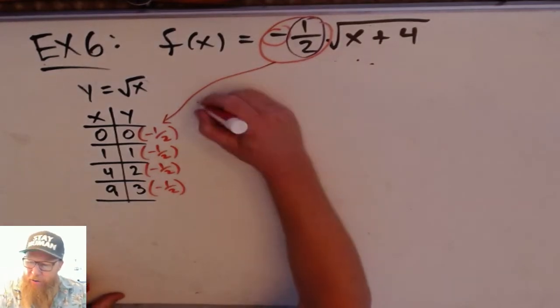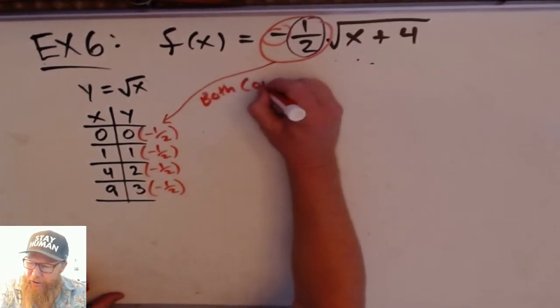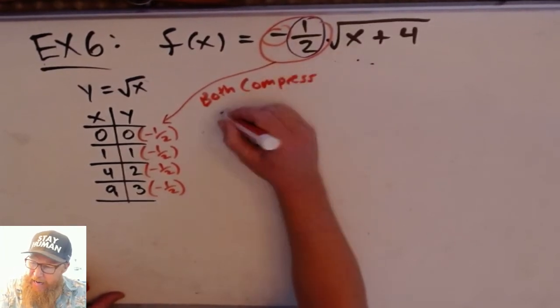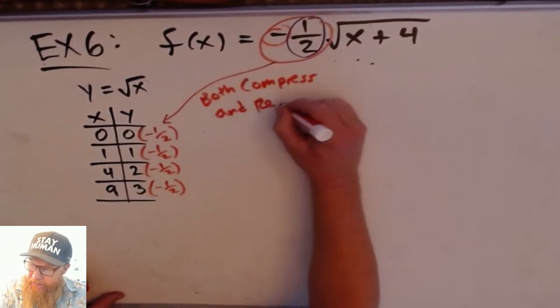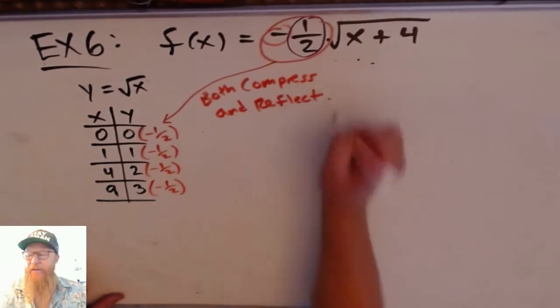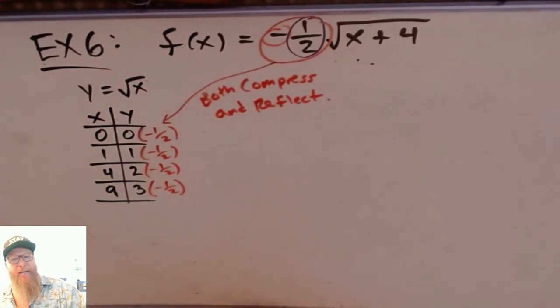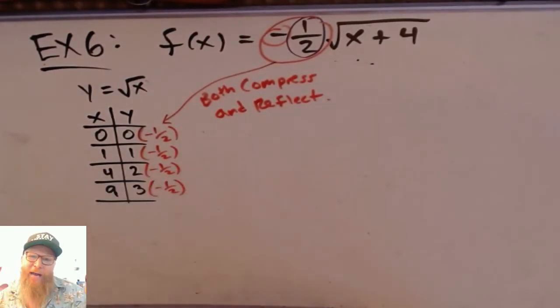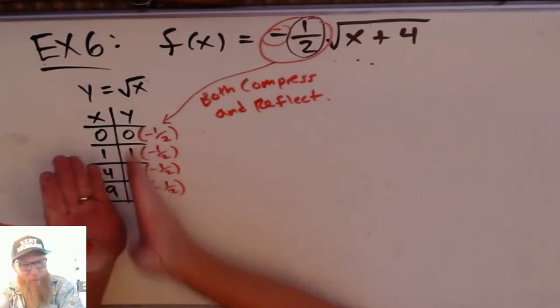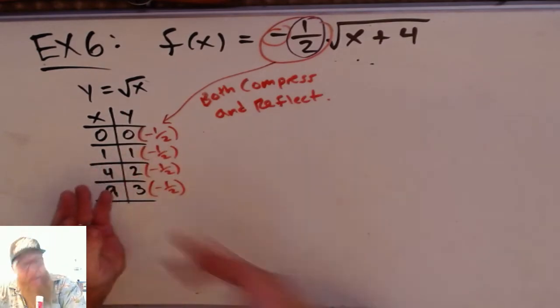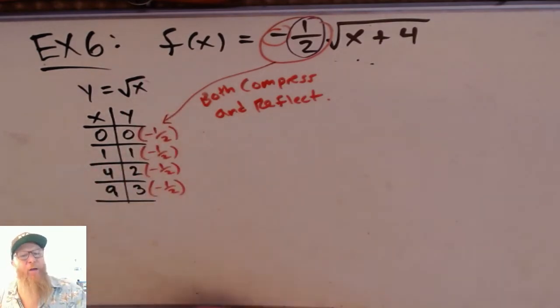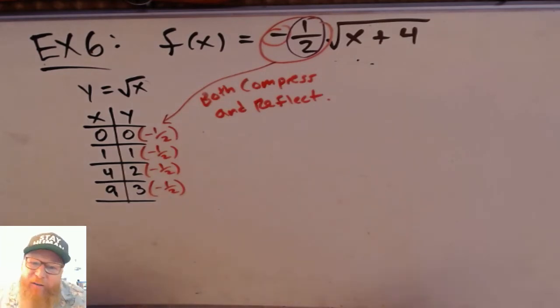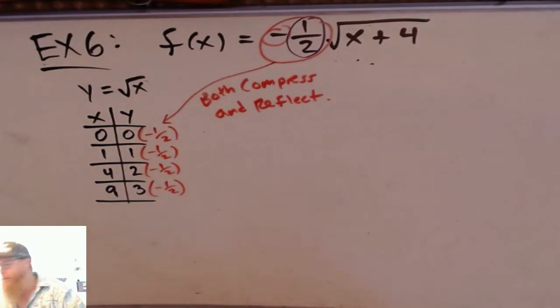So that is both the compression and the reflection at the same time. If you want to do them separately, you can. You can compress them all, multiply them all by 1/2, and then in another step, reflect them all by multiplying by -1. I've never had anybody tell me that they want to do that because you could just combine them and do it all at the same time.